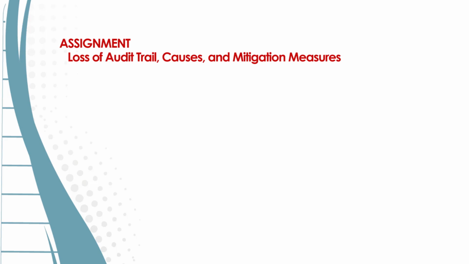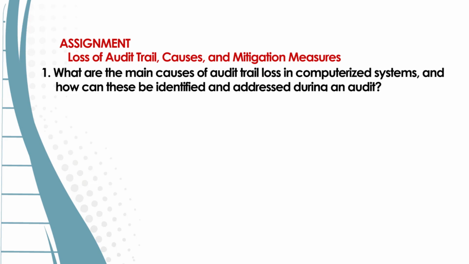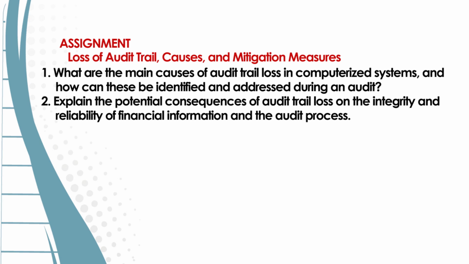Assignment. Number 1: what are the main causes of audit trail loss in computerized systems, and how can these be identified and addressed during an audit? 2. Explain the potential consequences of audit trail loss on the integrity and reliability of financial information and the audit process. 3.